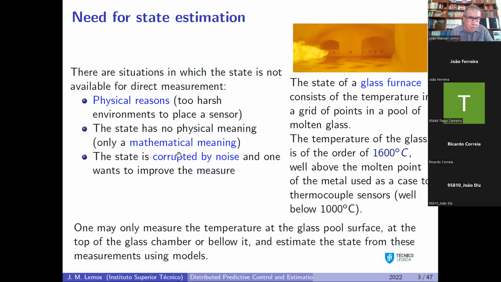Another example where you can't have access to the state, you can't measure the state, is when your state has only a mathematical meaning. In many cases, the state, you know that if you do a linear transform of the state, you still have a state. And you can have states that have no physical meaning, but only a mathematical meaning.